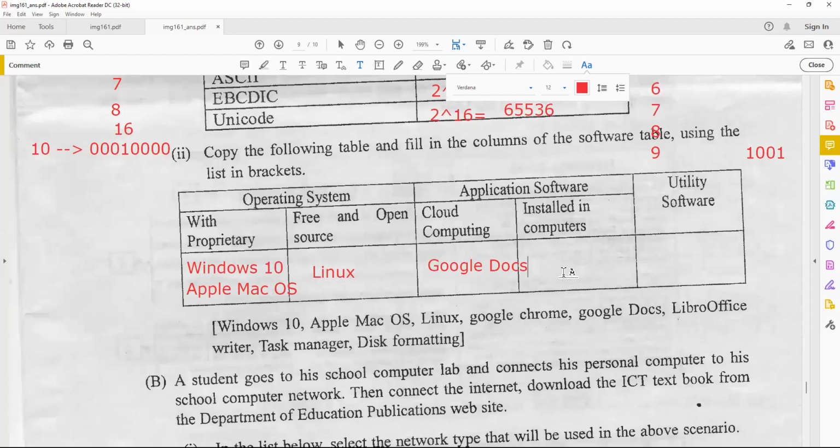Right. Let's move to the second one. What are the application software that can be installed in computers? Yes, Imashi?